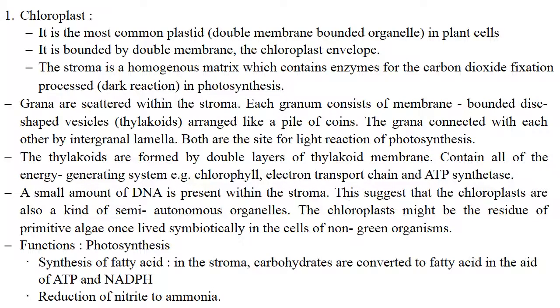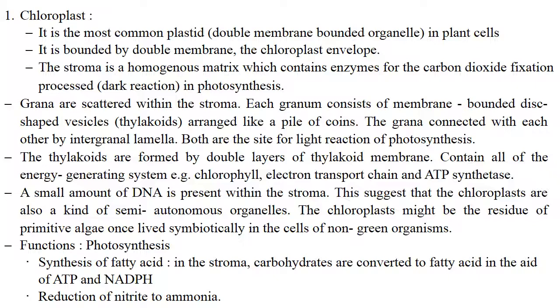It is the most common plastid in the plant cell, bound by a double membrane envelope. Stroma is a homogeneous matrix which contains enzymes for carbon dioxide fixation processes, that is, the dark reaction in photosynthesis. Grana are scattered within the stroma.